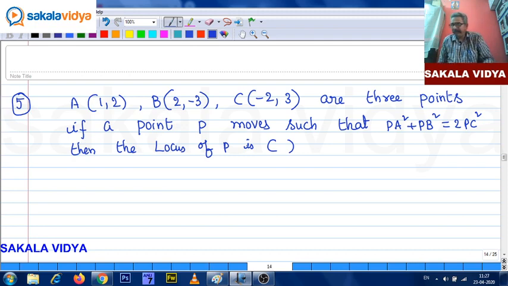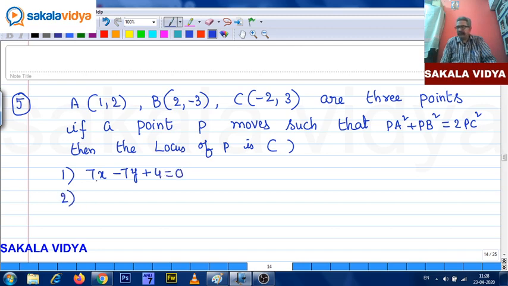Right. So, that means PA square plus PB square is equal to K into PC square. If K is equal to 2, it represents a straight line. If K does not equal to 2 and K greater than 0, it represents a circle. Now, we get a straight line. So, options: 7x minus 7y plus 4 is equal to 0.